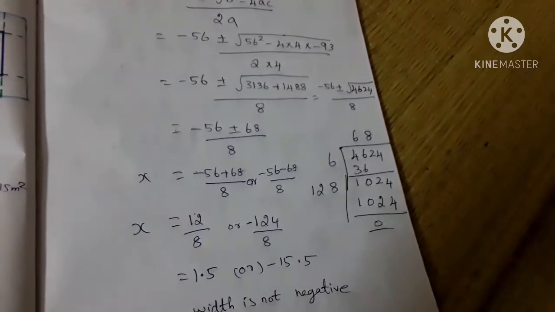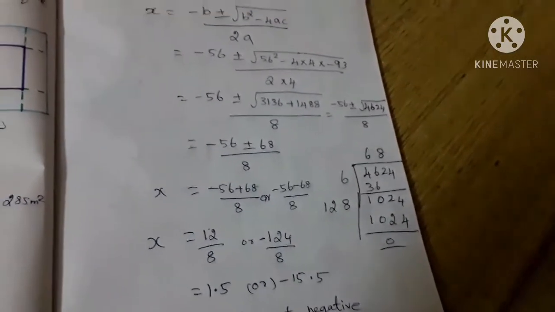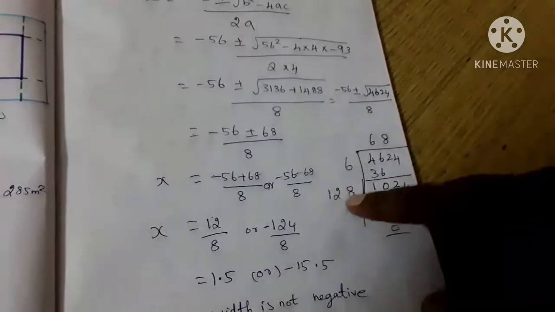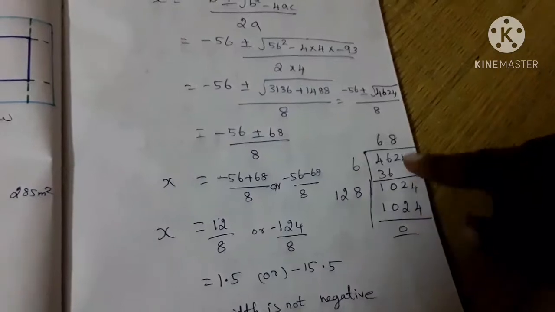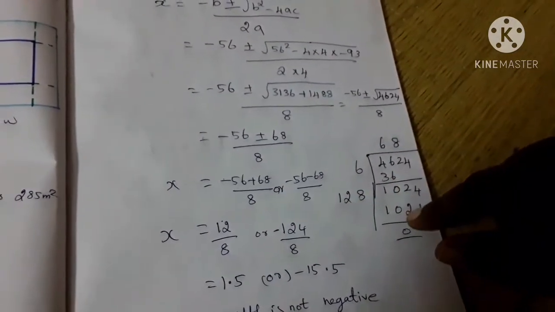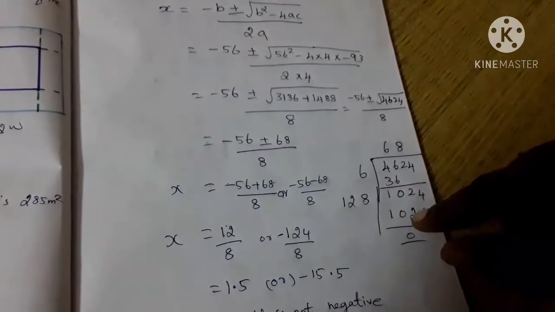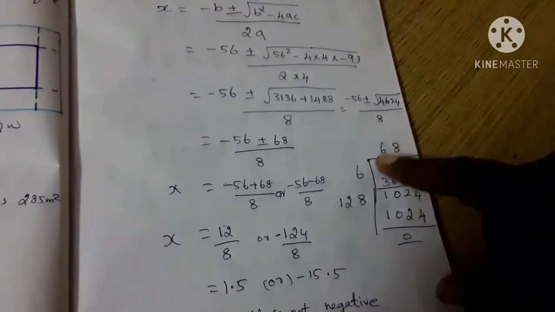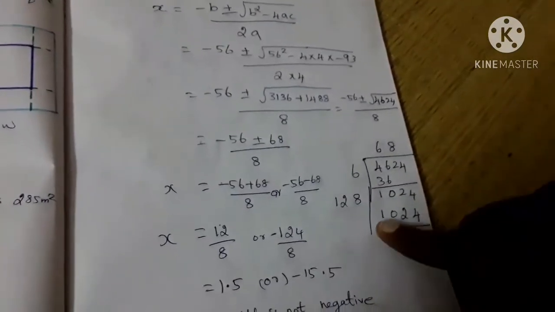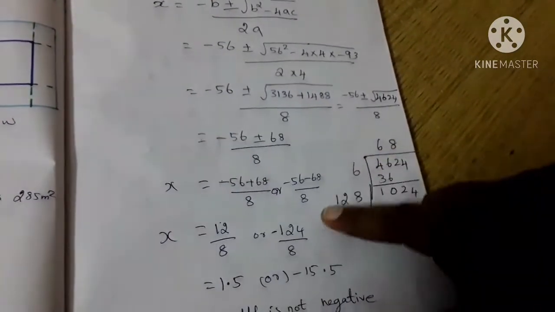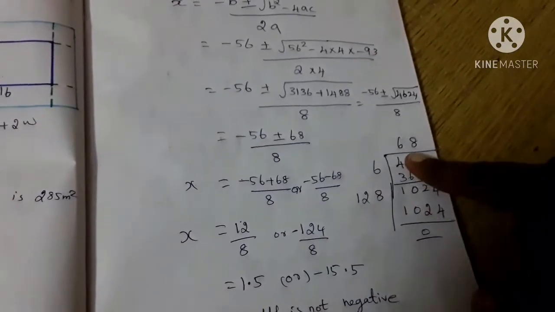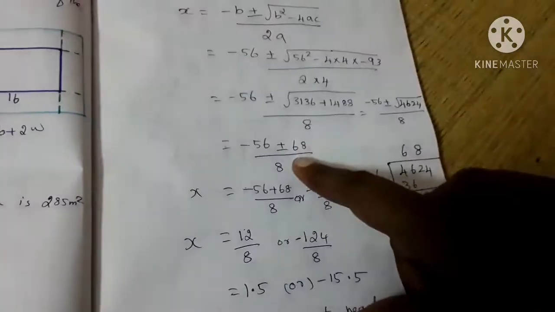If you put 2, we can't get the answer, so you write 8. 8 8s are 64. Remainder 6. 8 2s are 16 plus 6, 22. So our answer, the square root, is 68.